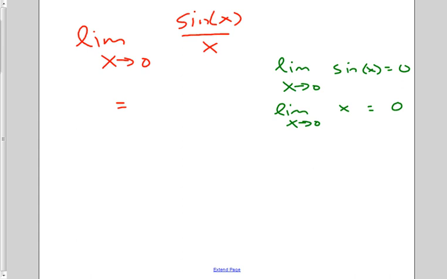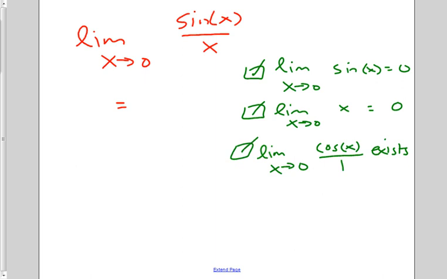And if we look at their derivatives, the limit as x approaches 0 of cosine of x, which is the derivative of sine x, over 1, which is the derivative of x, this is going to exist. And it exists because there's nothing in the denominator to make you divide by 0. So it exists, true, true.